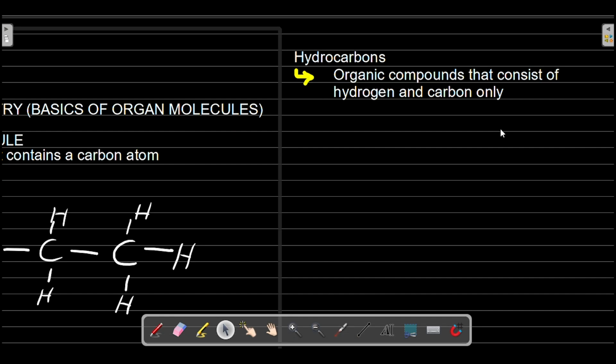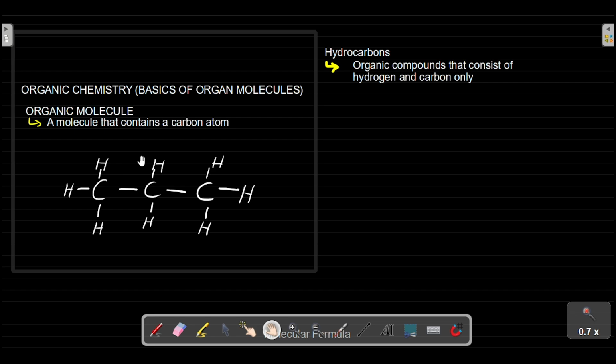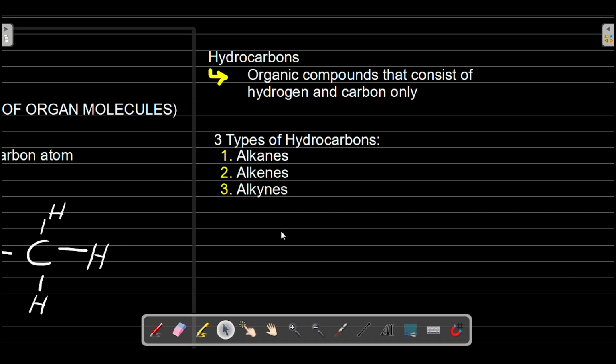Hydrocarbons are organic compounds that consist of hydrogen and carbon only. So, if we look at our propane again, we realize that it only consists of hydrogen and carbon. And there are three types of hydrocarbons. The first is alkanes, the second is alkenes, and the third are alkynes.